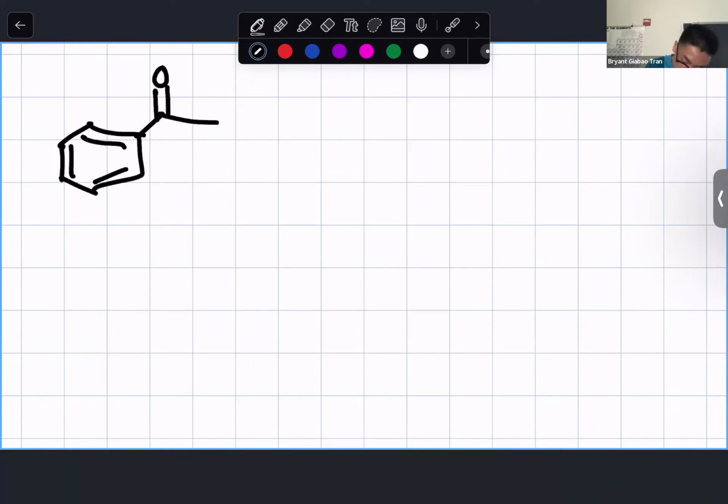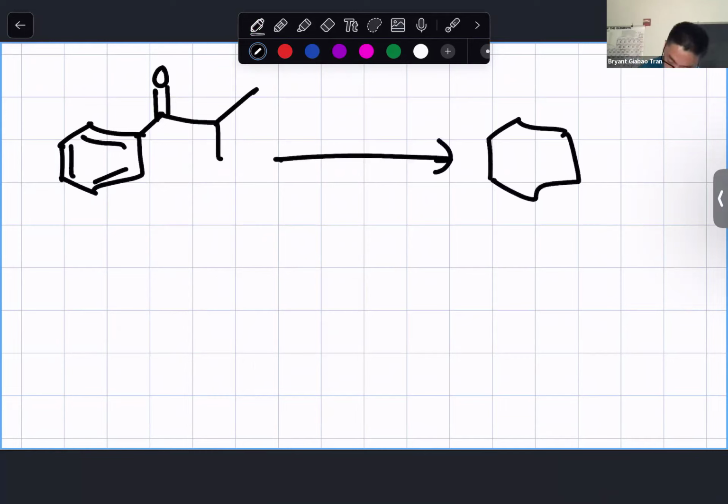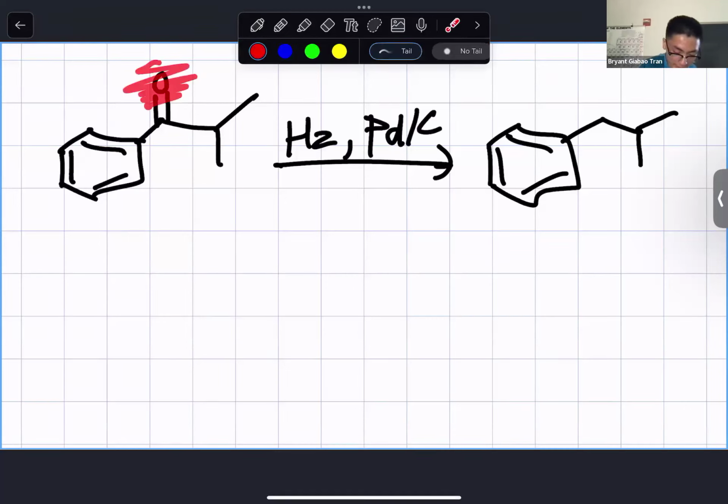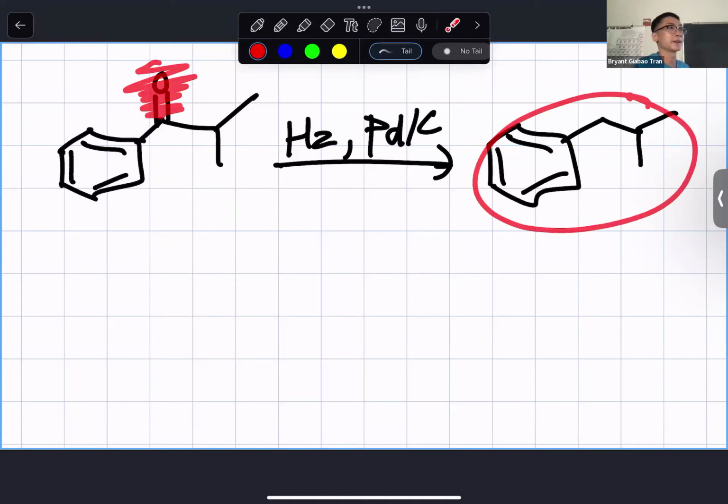Let's say we have that carbonyl there, but we wanted to get rid of that carbonyl and get to this R group here. There are 2 reducing agents you could use, the one he covered in class is H2, Pd/C, right? Which is just gonna cleave that carbonyl off, get rid of that carbonyl to get us that R group there, right?